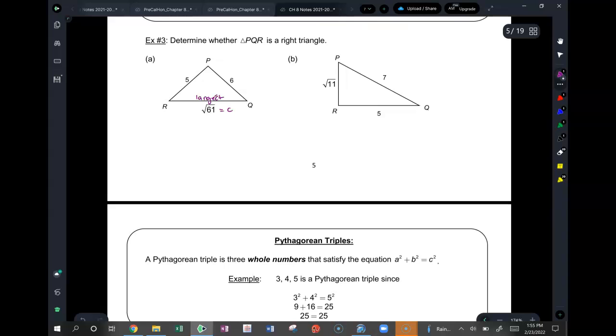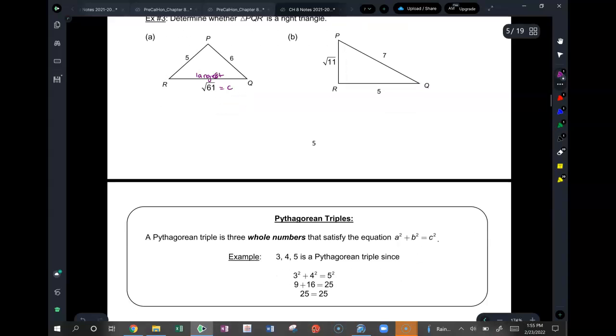The other ones are A and B, and we don't care which one is A or which one is B. So 5 squared plus 6 squared, is this equal to root 61 squared? I don't let the root bother me because it's a squared plus b squared equals c squared.